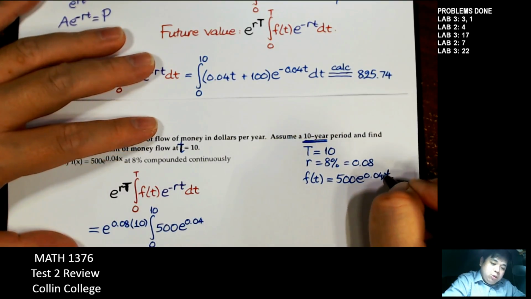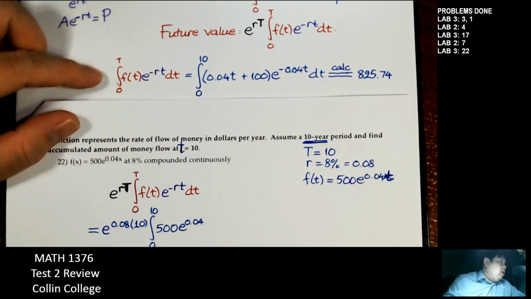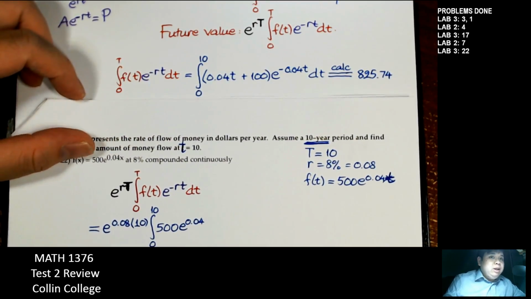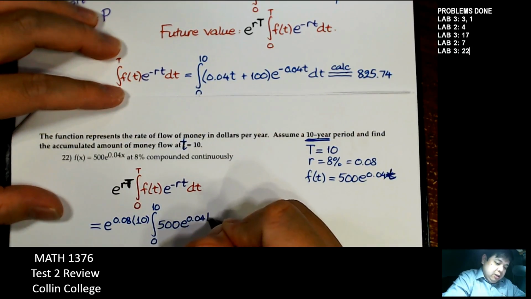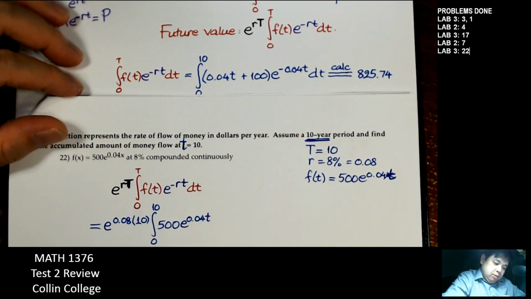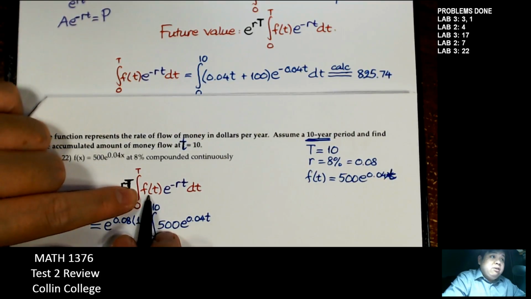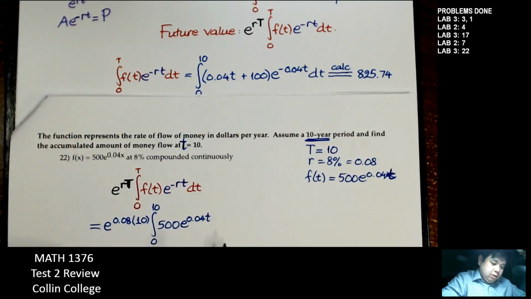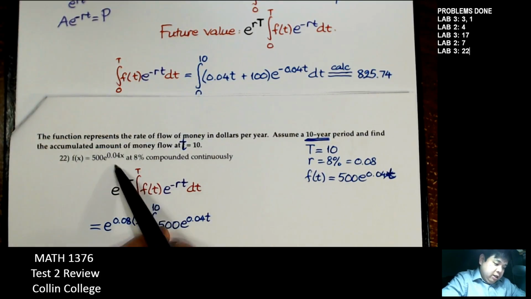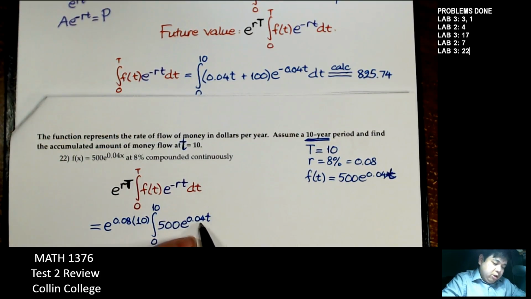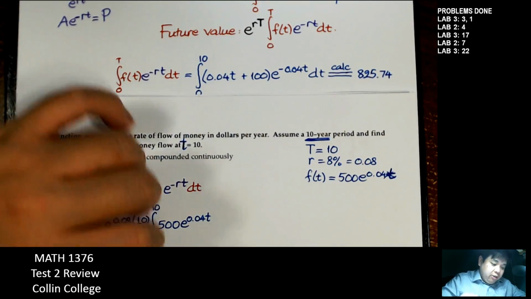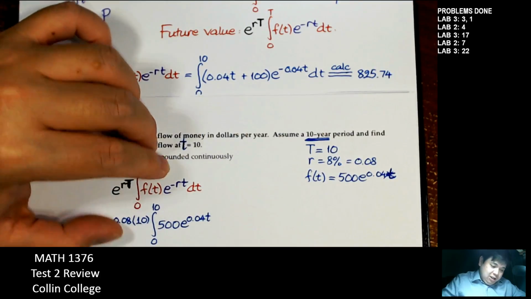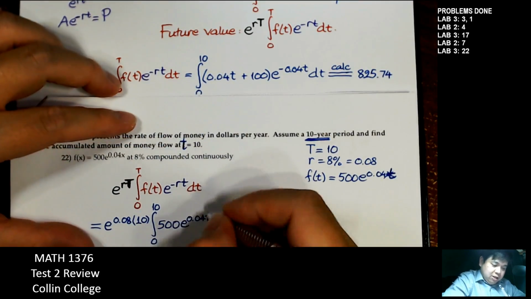And sorry, we should convert that to t, the function in terms of time. So everything should be in t. That is f of t, so 500 e to the 0.04t. I will change that, and e to the negative rt is a different thing, so I'm just going to keep that.